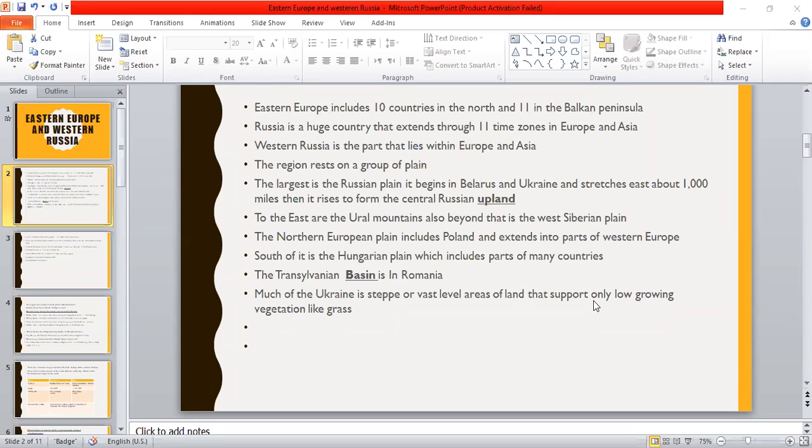So this table is very important. I want you to highlight it because it will come in the form of a comparison between the rivers of Eastern Europe and Western Russia. And at the same time, you're going to mention the river name, the location, and the uses.